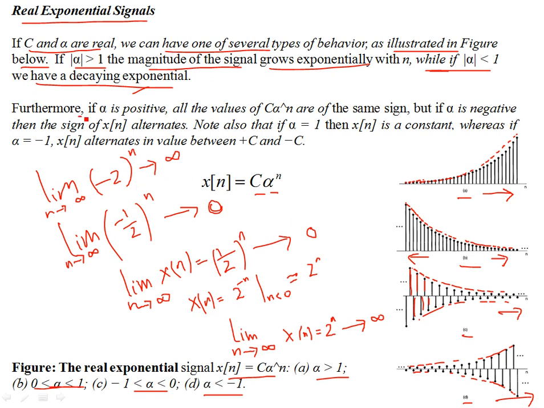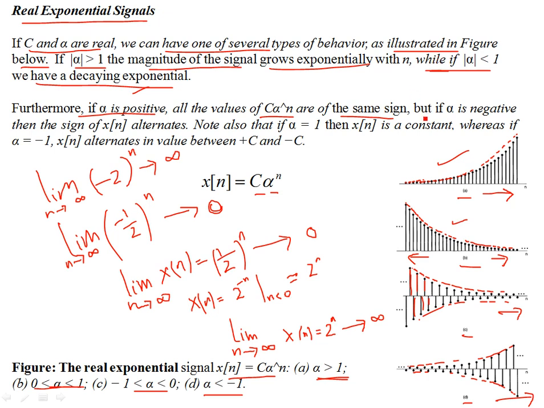So furthermore, if alpha is positive, all the values of C, alpha to the n are of the same sign. In both part A and part B, alpha was a positive quantity, so there was no alternation of sign. The samples of the sequence either grow or decay depending on whether alpha is less than one.